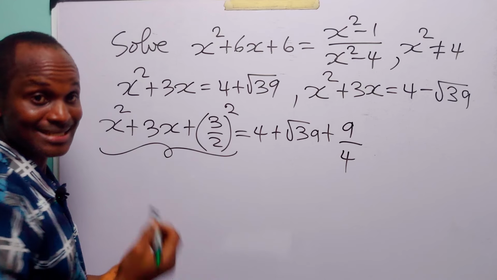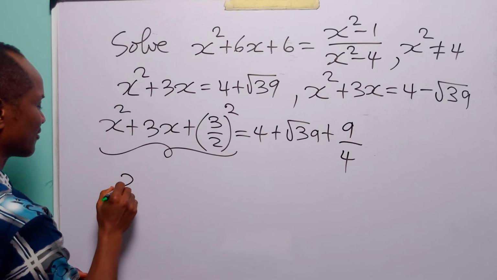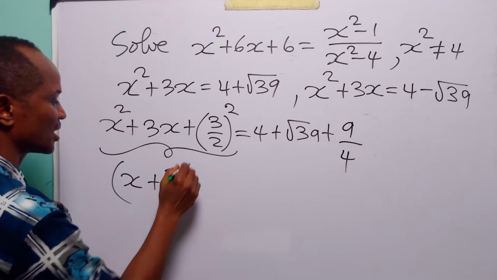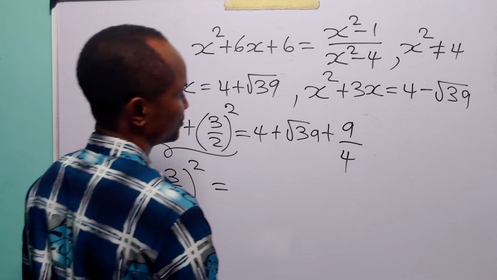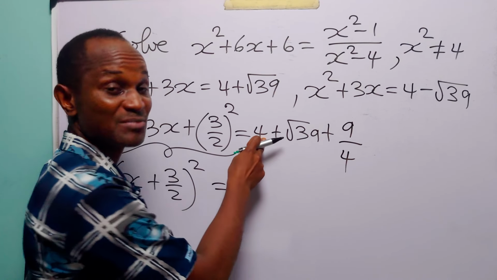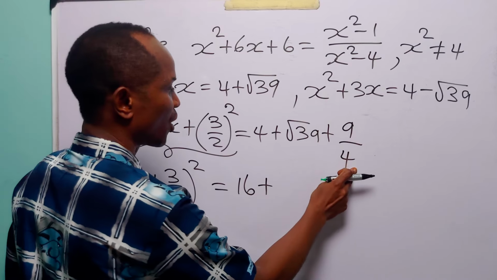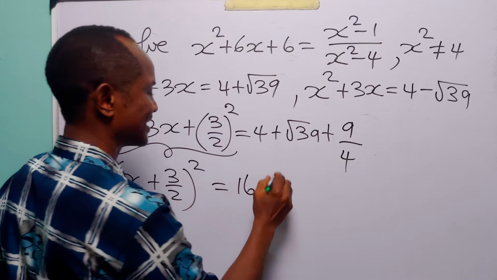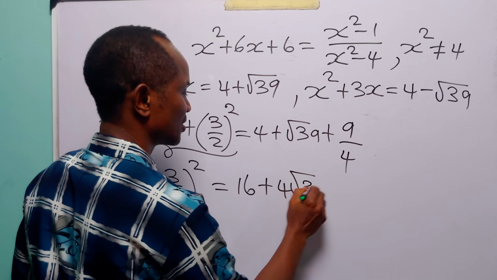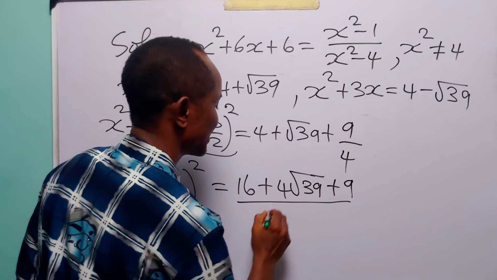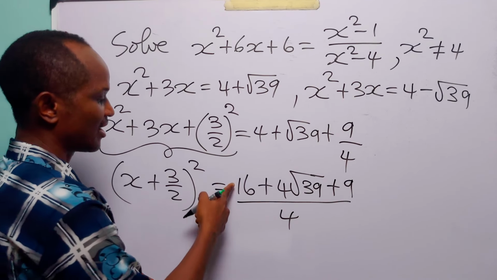You know that this is a perfect square. So we have x plus 3 over 2 squared is equal to 4 times 4 is 16 plus 4 times root 39 is 4 root 39 plus 9 divided by 4.